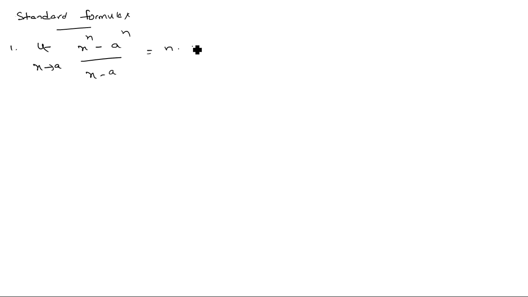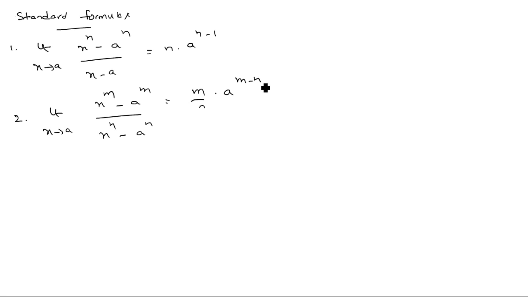The formula is n into a to the power of n minus 1. And the second one is limit x tends to a, x power m minus a power m by x power n minus a power n, which is m by n into a to the power of m minus n.